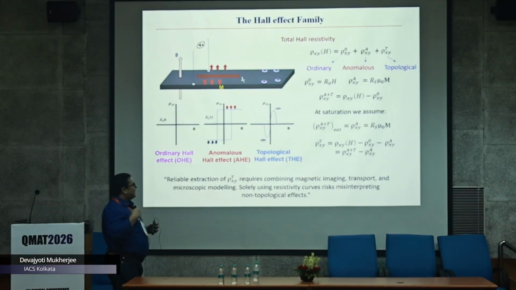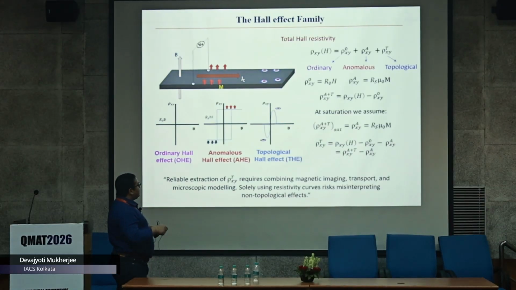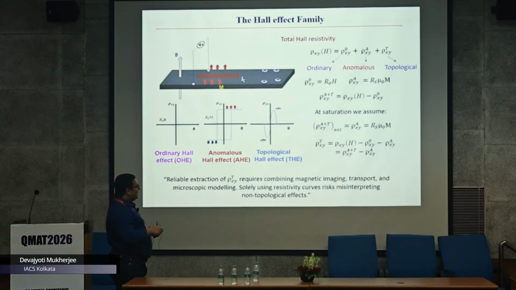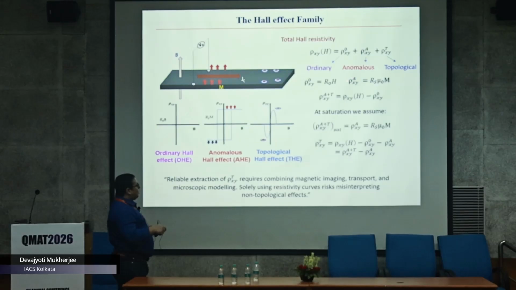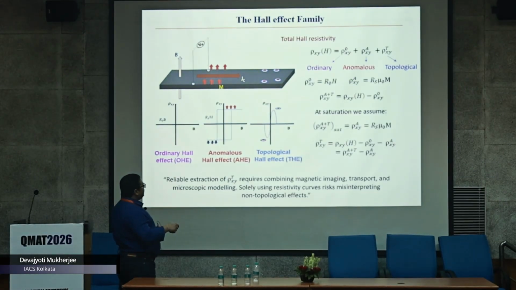And one classical traditional way of looking at this problem is, we know that the ordinary Hall effect is linear in magnetic field, and we know that the anomalous Hall effect is linear in magnetization. So if you consider that the total Hall resistivity that you have measured is a linear combination of ordinary Hall effect, anomalous Hall effect, and topological Hall effect, you can subtract these using the magnetization of the system and extract the topological Hall resistivity.